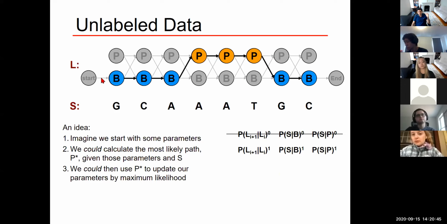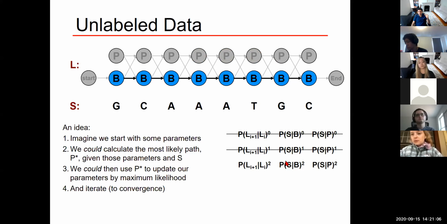If I have an estimate of my path, I can infer the maximum likelihood parameters that are best for that path. And then once I have the new maximum likelihood parameters, I can recalculate an estimate of my parse of my path and provide a slightly different annotation, and then re-estimate the parameters, and then continue until convergence.